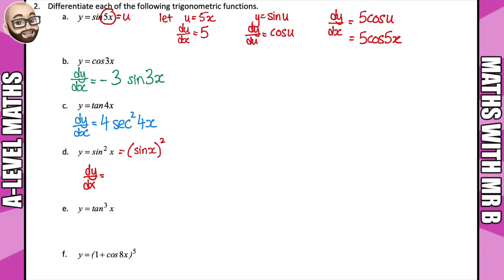So this is going to start off by saying keeping that bracket the same, decrease the power, bring the old power down. But then we also have to times this by the bracket differentiated. So sine becomes cos x. So if I write that a little bit nicer, it would just be 2 sine x cos x.